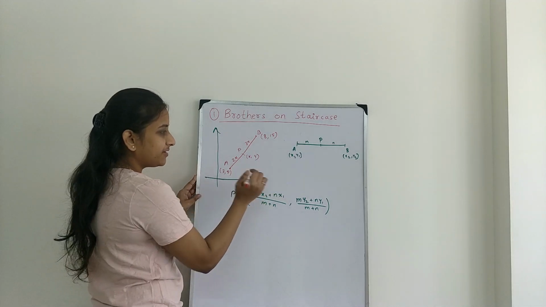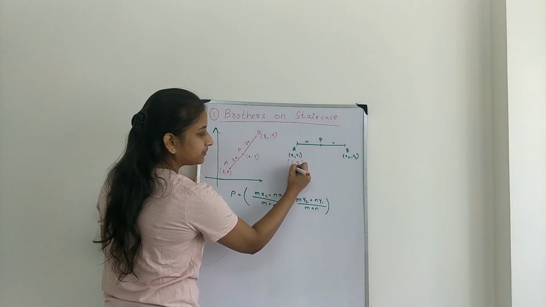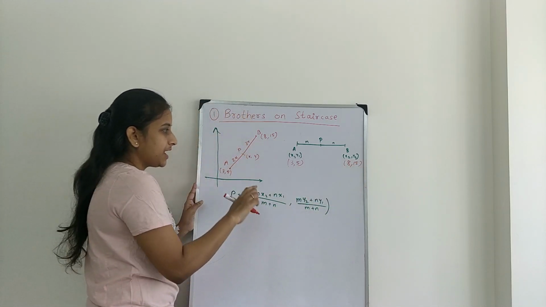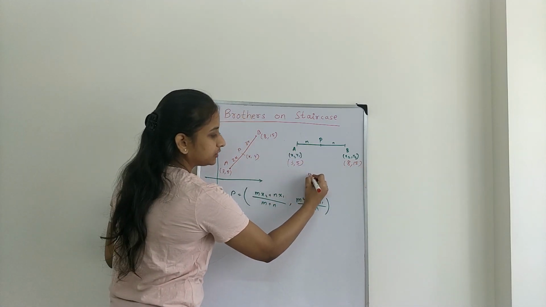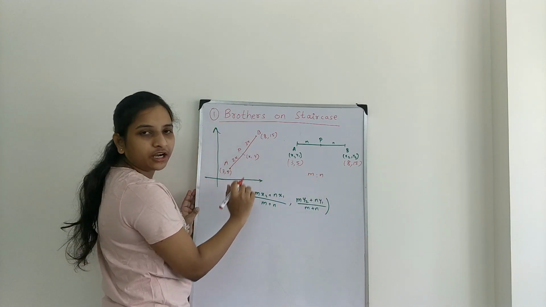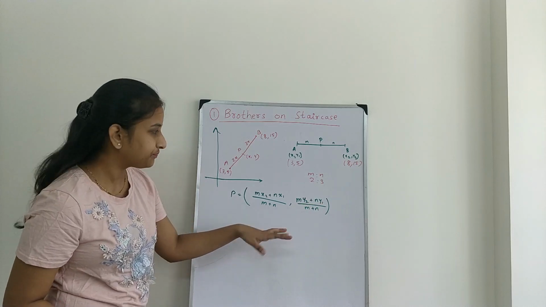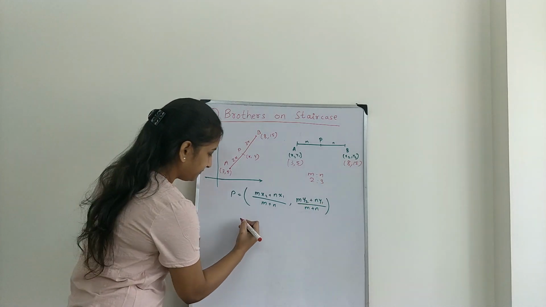See, our x1, y1 is 3, 5. x2, y2 is 8, 15. M is to n ratio is nothing but 2 is to 3, right? So m is 2, n is 3. Let's solve this.